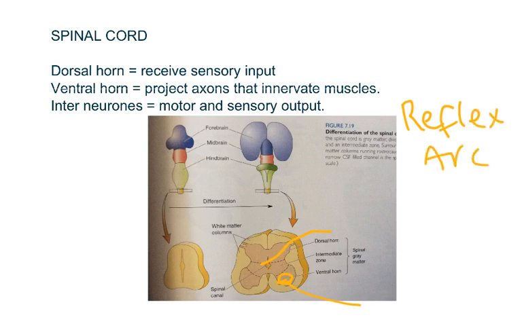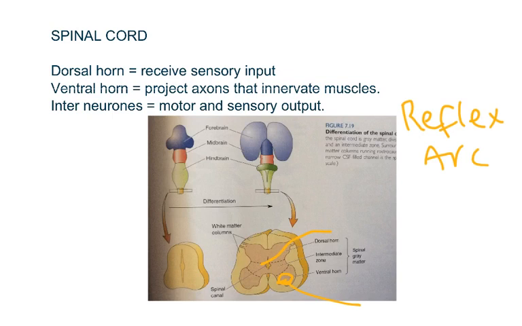A reflex arc is probably the quickest sort of neuronal response that our body has, and it's a protective thing. So if we touch something that's like really, really hot or really sharp, we need to protect our body from further damage. The response is going to be so quick, and you've heard of reflexes before, that the message doesn't even go up to the brain to be interpreted.